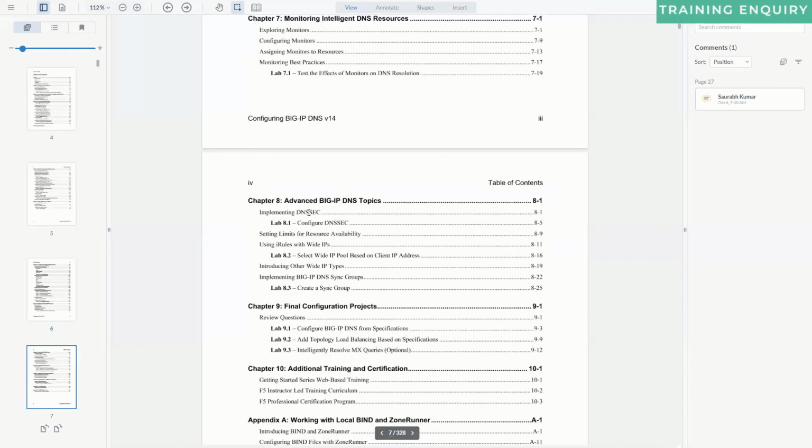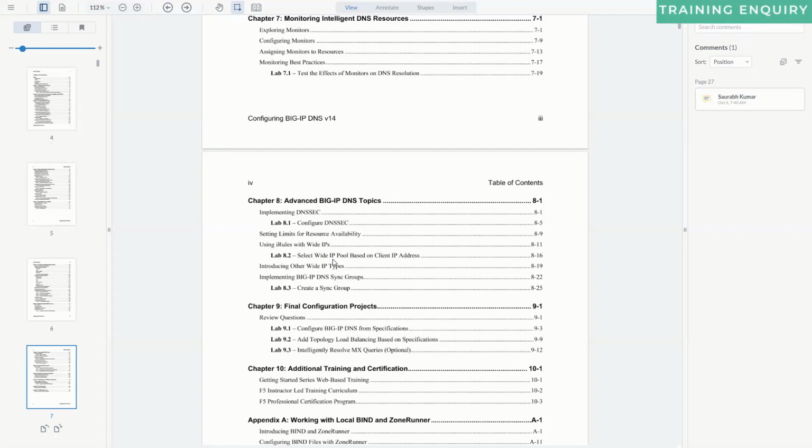And then advanced BIG-IP DNS topics, where we talk about DNSSEC, or we can also perform some topology based load balancing, right? When I say topology, it means that you can select continents, or you can match your incoming requests based on continents, or a country, or based on the source IPs.